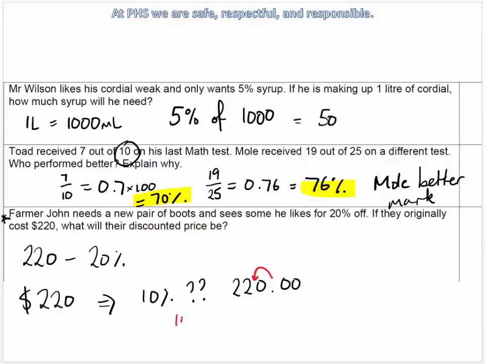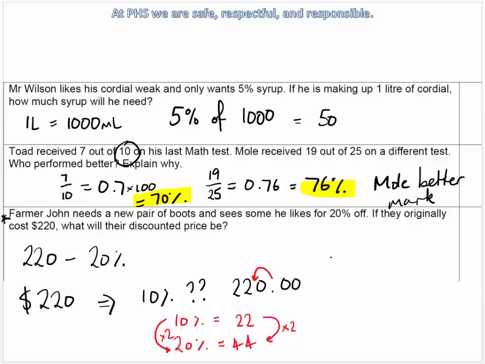So 10% equals 22. Well, if I know 10% is 22, couldn't I just double it to figure out what 20% is? If I'm timesing this side by 2, I could times that side by 2 as well, and we'll get into that later this term with our algebra. So 20% equals 44.